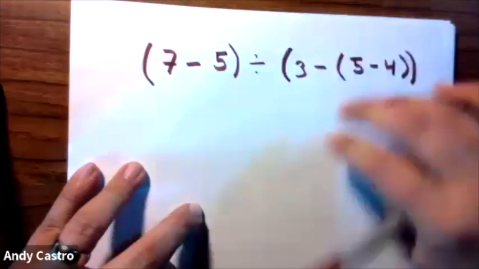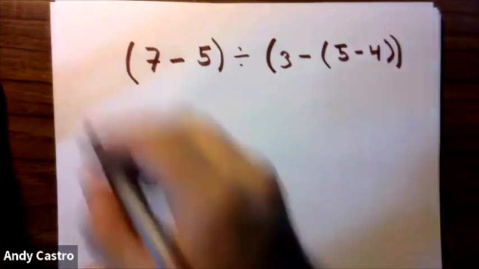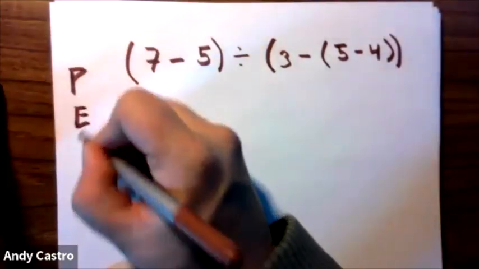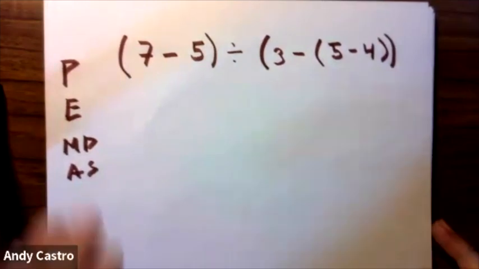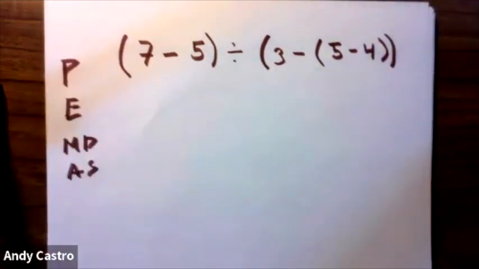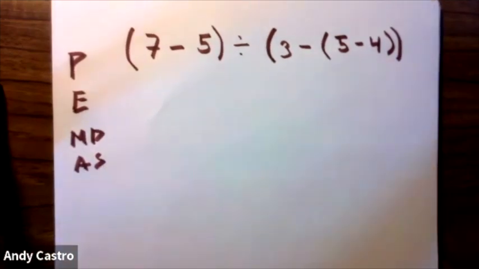Now we're going to have nested parentheses. Okay, I'm going to go ahead and write off to the side order of operations. So if you need to write that off, do that for yourself. That way, whenever you're working the problems on the homework, you'll be able to have a quick reference there.